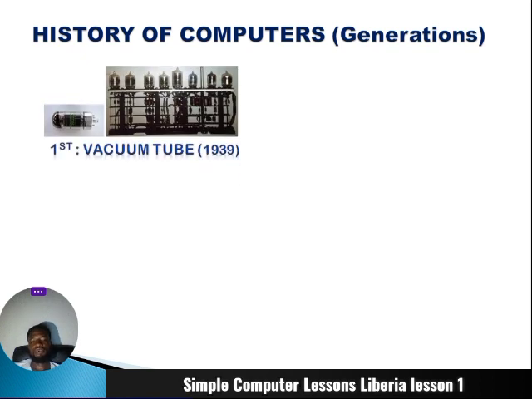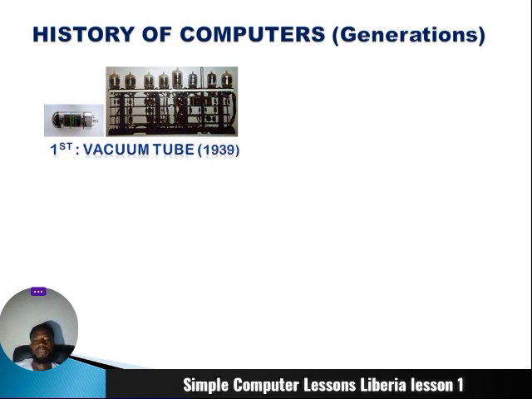The first generation used vacuum tubes. Actually, the generations of these computers are classified based on the development or improvement of the memory, because everything that has to do with computing comes from the strength, the kind of calculations that the memory does.